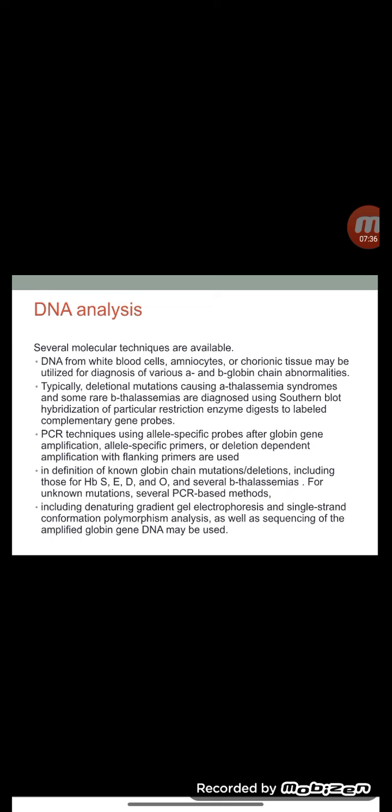Usually this test is called prenatal non-invasive testing, usually performed before the 16th week of gestation to be more reliable. It can be done earlier also, but if it is done around the 16th week of gestation, it will be more reliable.